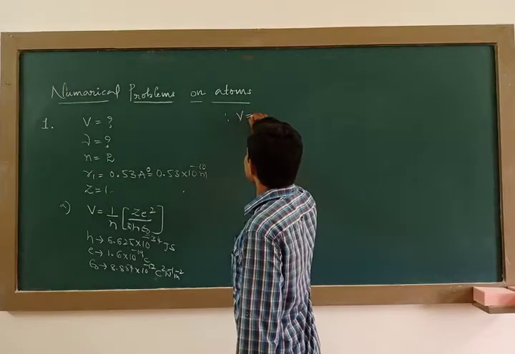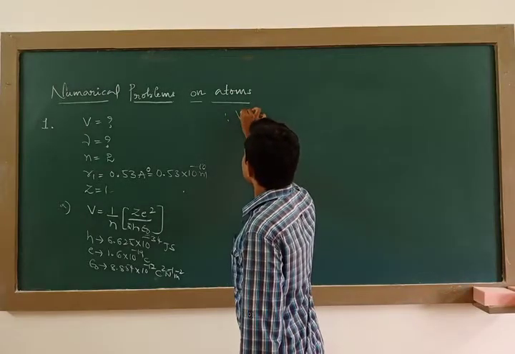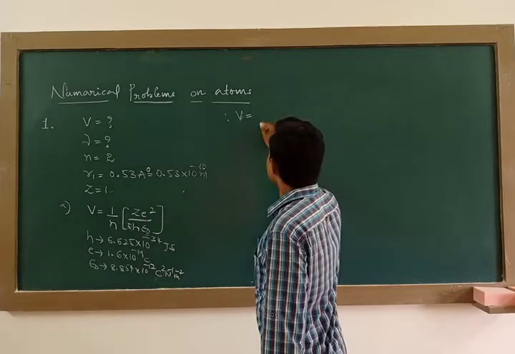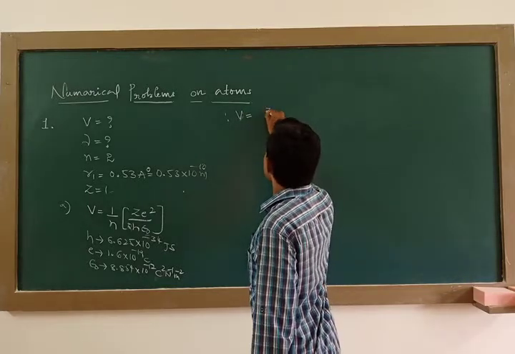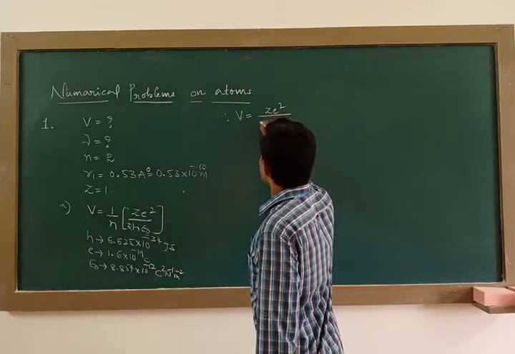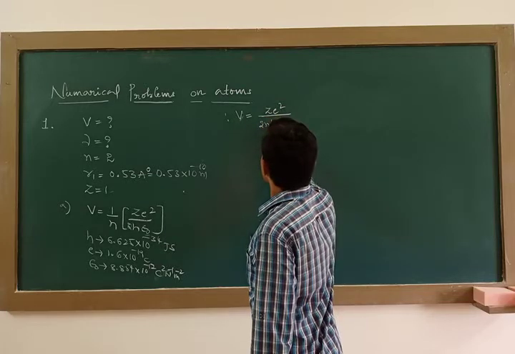Therefore, V is equal to Z e square divided by 2 n h epsilon naught.